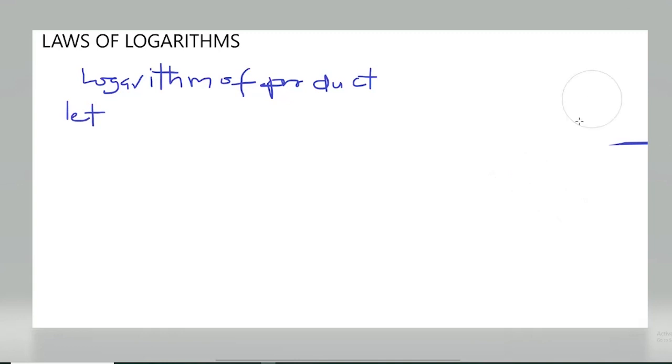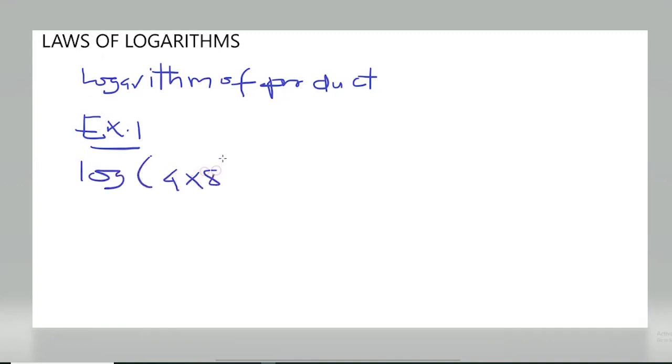Now for example, you are given this example number 1: find the value of logarithm of 4 times 8 to base 2. Solution.